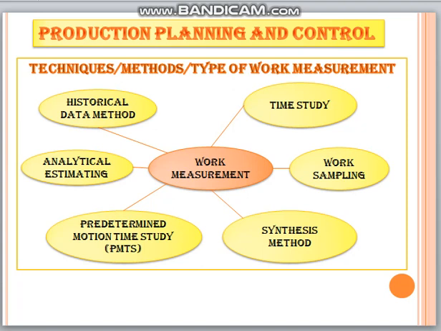Next, moving on to the predetermined motion time study, indicated as PMTS. In this technique, the time is fixed for basic motions. That is, according to the level of performance of the job, the time is fixed. This time may be normal, better or faster according to the job performance.